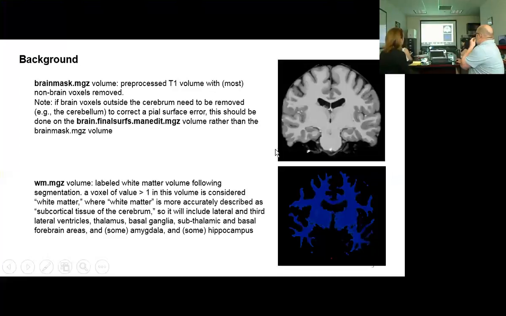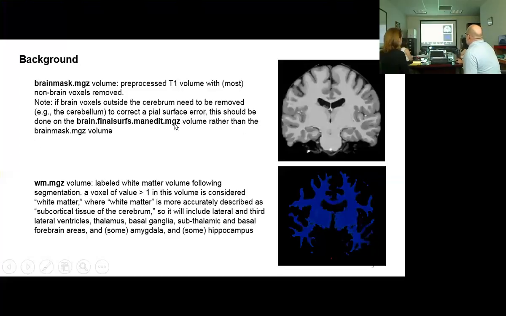Okay, so we may be editing this volume or removing some of the extraneous voxels that are not in the brain. And I just want to short shrift this other volume that we are interested in this presentation. It's in that document, and we'll talk about it more in a future visit.